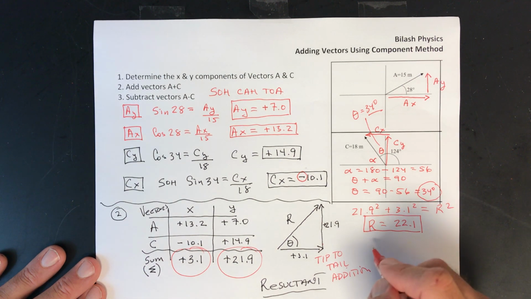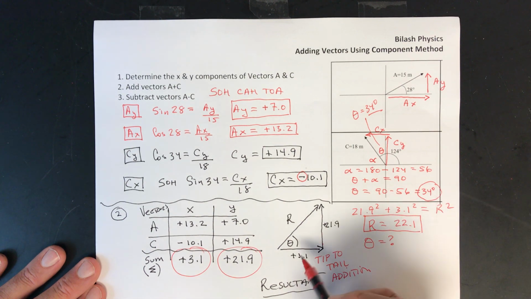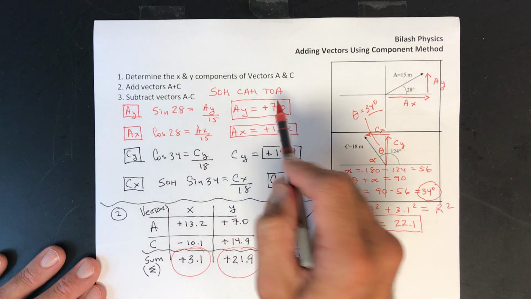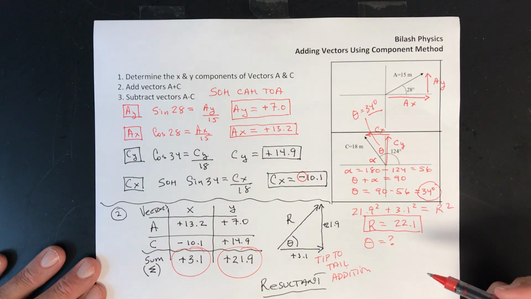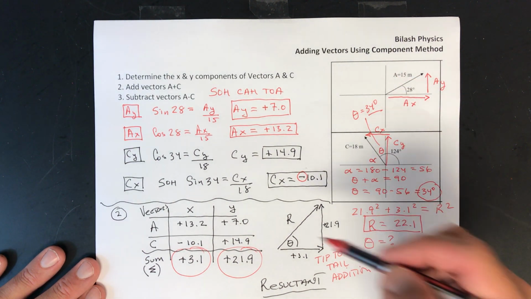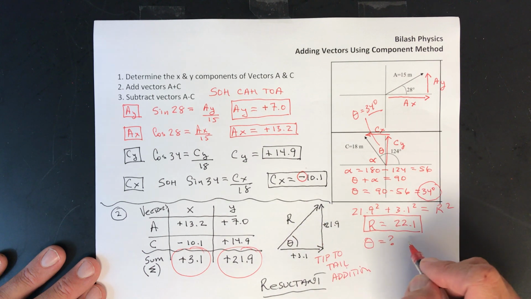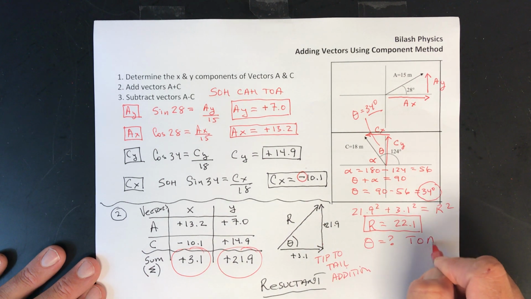To figure out theta, so what is theta? We can use SOHCAHTOA or TOA. What I'm going to use is the two components rather than relying on the value of r. So that would be TOA.